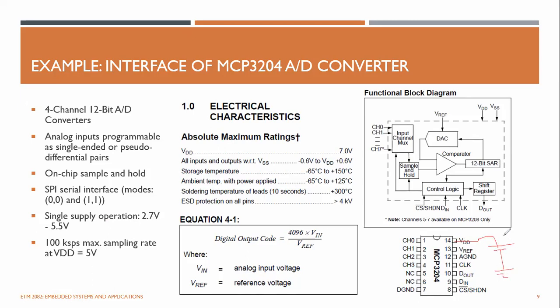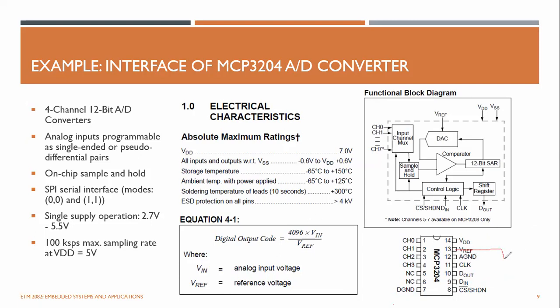You can connect this plus to this one and 0 to the ground, and this could be grounded to this one. For the analog reference, you have to provide a reference voltage externally to this device. So based on your analog reference voltage, the ADC value will be determined.